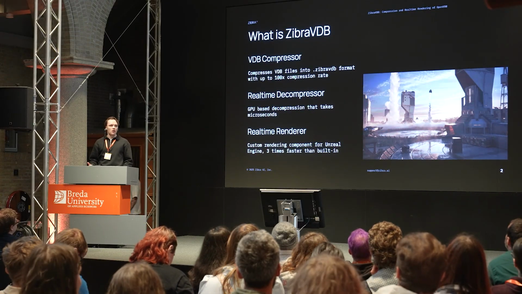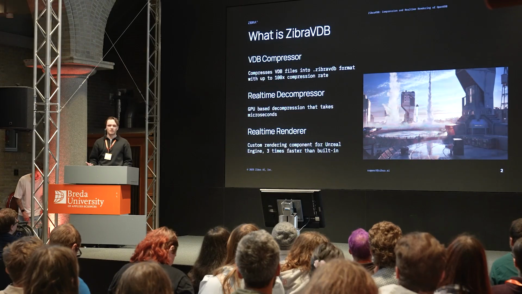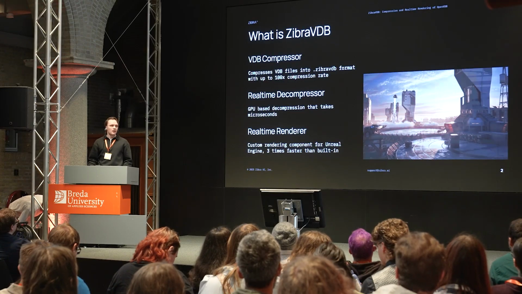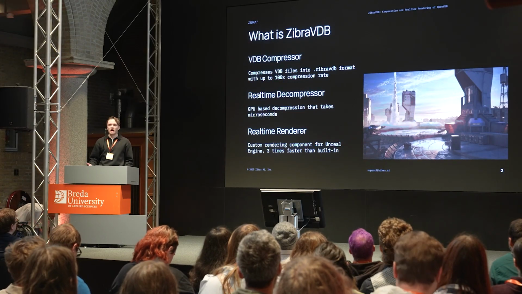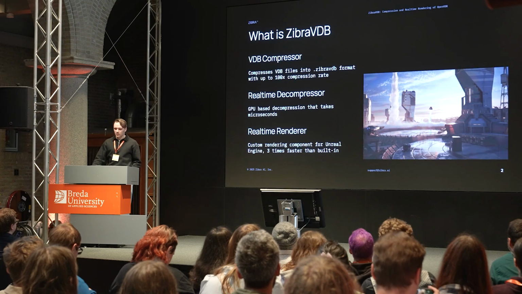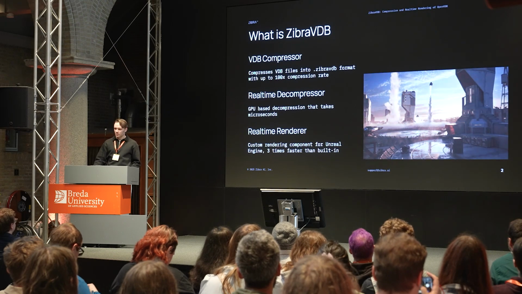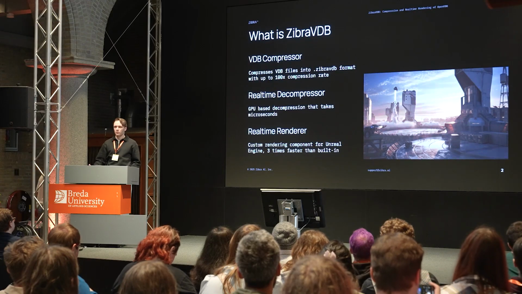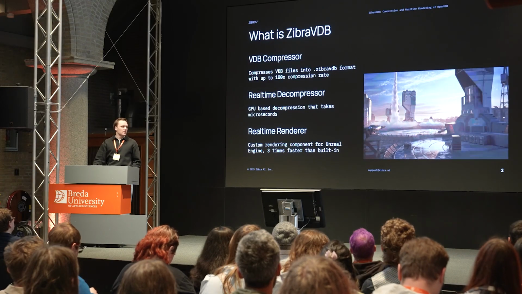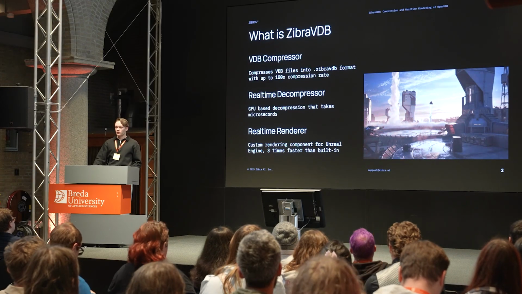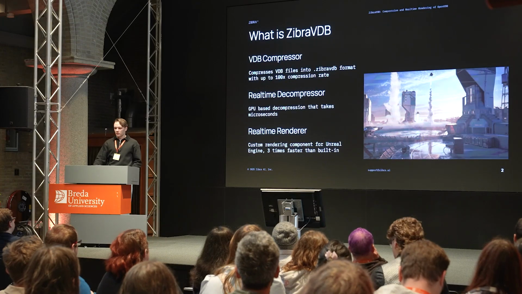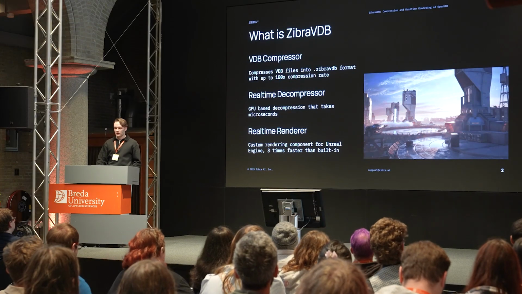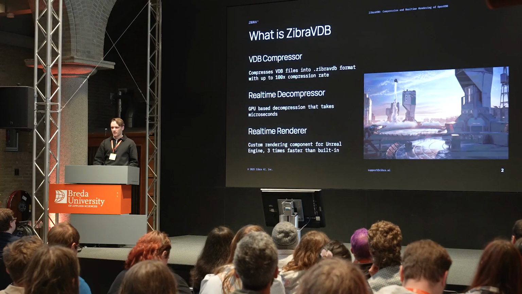This is what optimizes the data because the main bottleneck of VDB is that it's just big. And the decompressor, especially the real-time decompressor, is the main part that makes it efficient to work with. And the real-time renderer is our own custom renderer for Unreal Engine that we are working on and that is optimized specifically for rendering these volumetric effects.